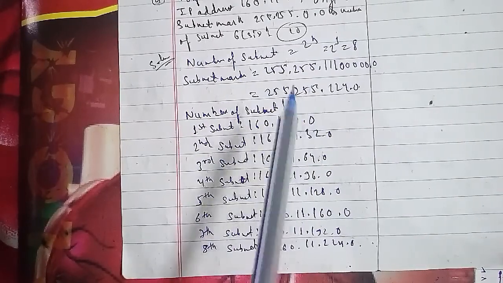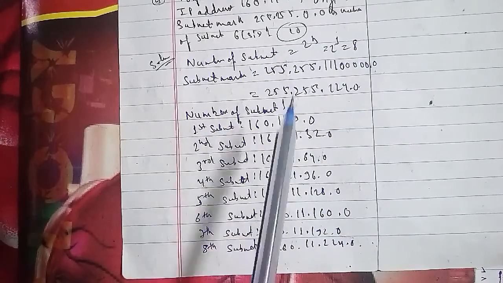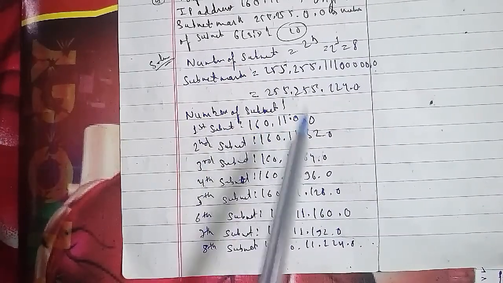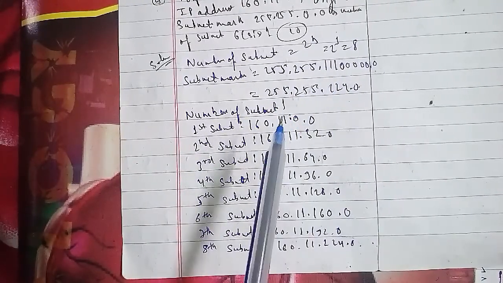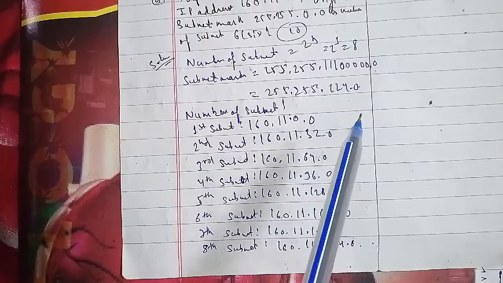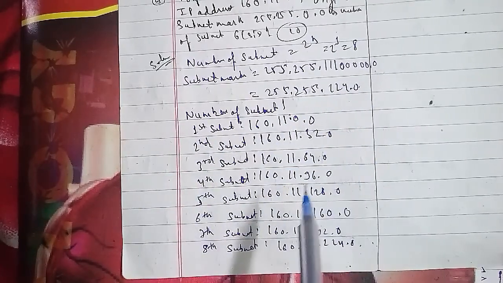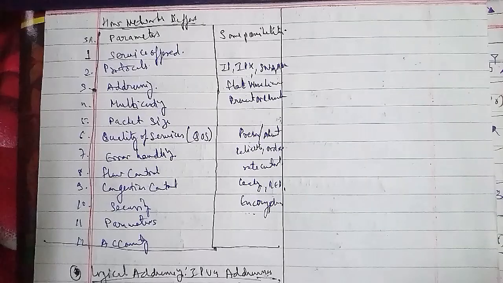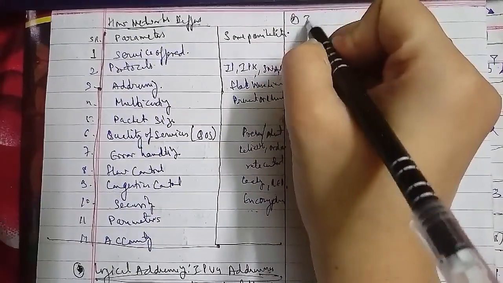In IPv4 the header size is 32 bits, and for IPv6 the header size is 128 bits. The second comparison: IPv4 cannot support auto configuration, and IPv6 supports auto configuration. The third difference is that IPv4 cannot support real-time applications, whereas IPv6 supports real-time applications as well.